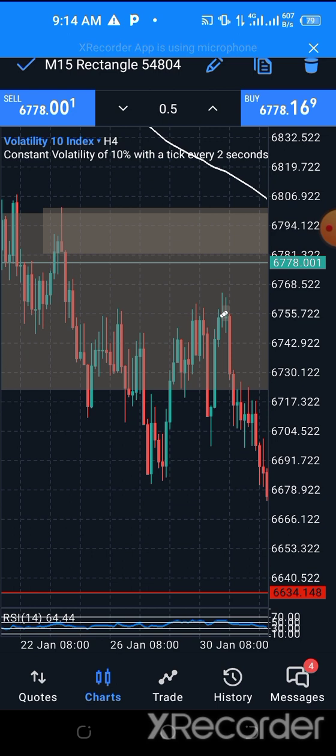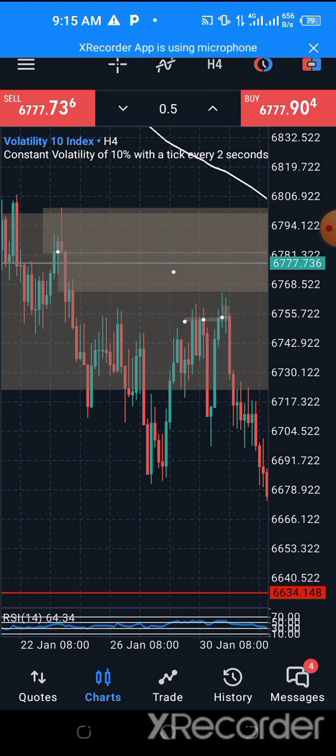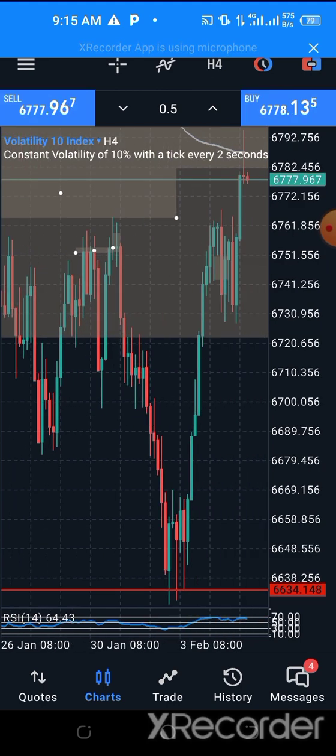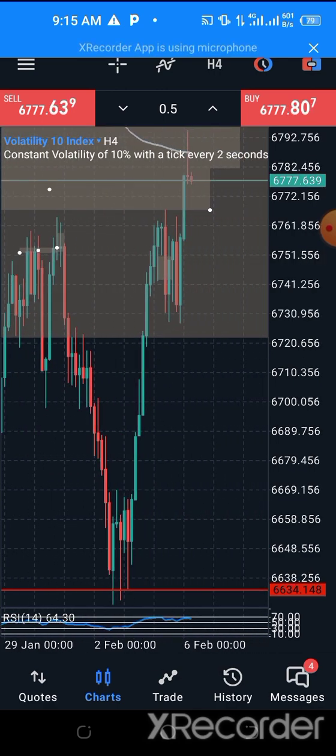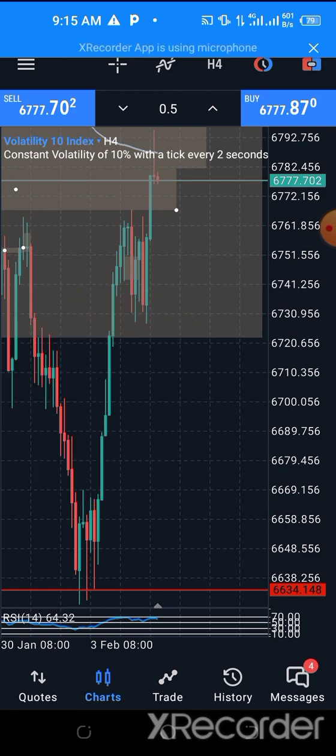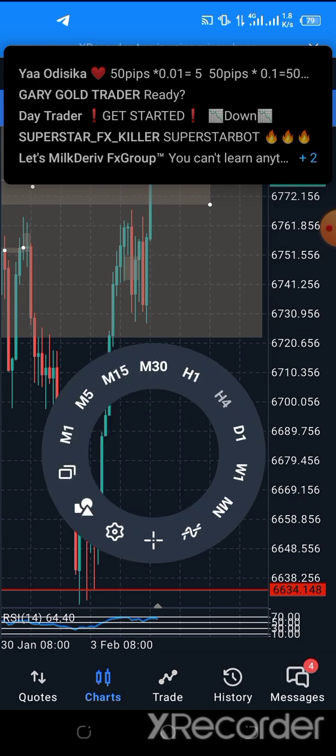And a fair value gap here. There's a fair value gap.